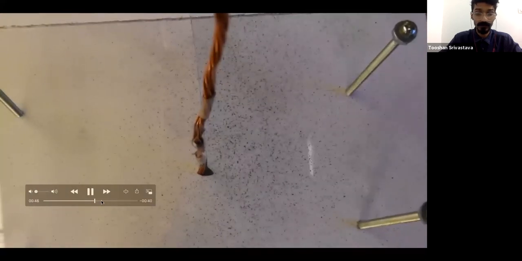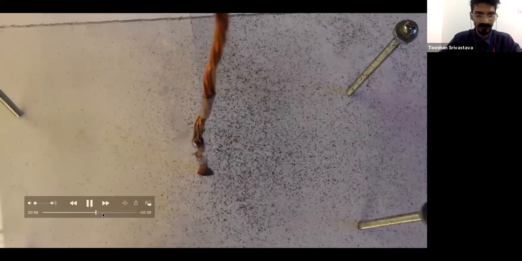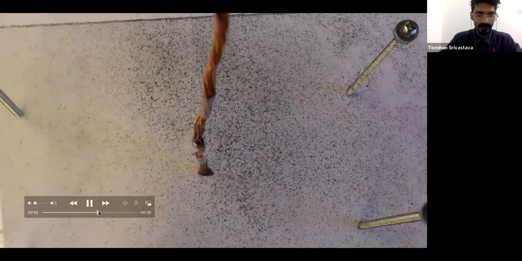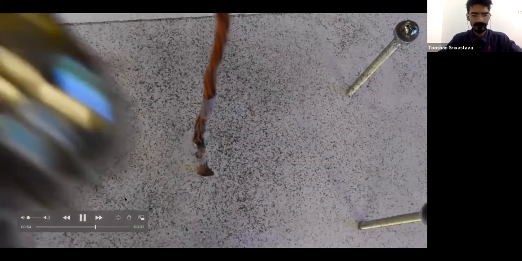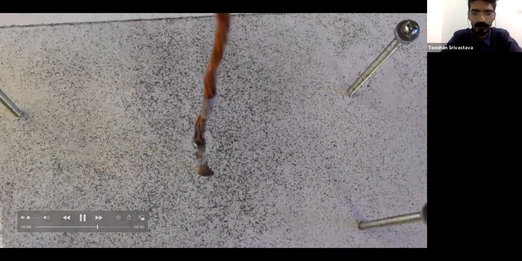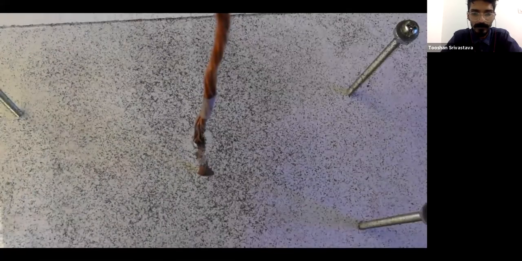Now this person put some iron filings around it, and he's going to tap onto the sheet a little bit, and let's observe what happens to these iron filings once they interact with the current carrying wire.